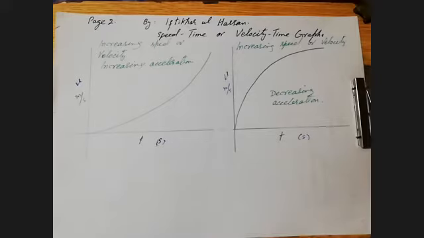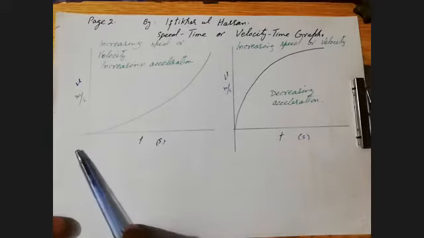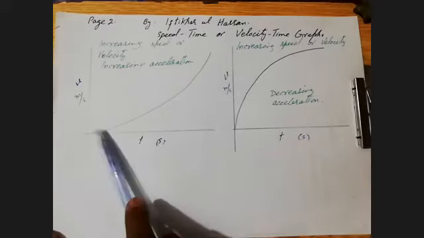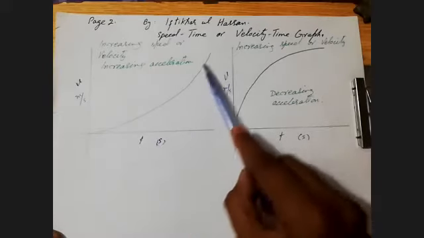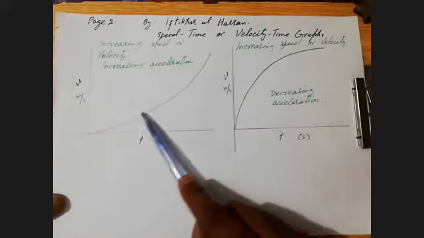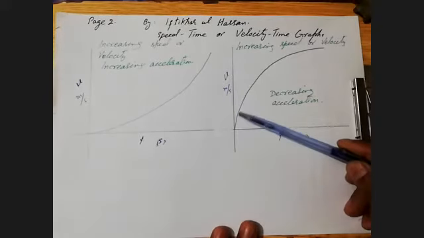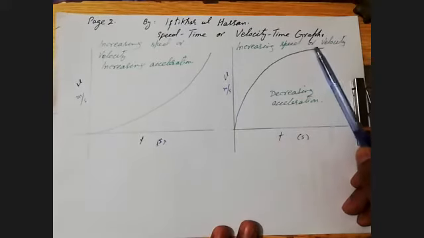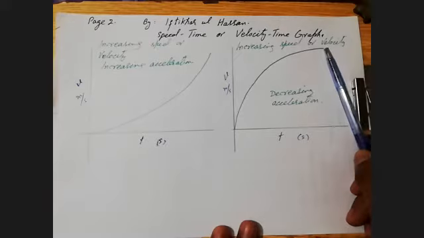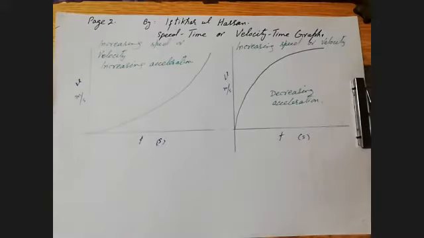Well, here you can see that I have shown two graphs. One graph is showing this curve. This is also increasing speed or increasing velocity. Both are showing you increasing speed or increasing velocity.